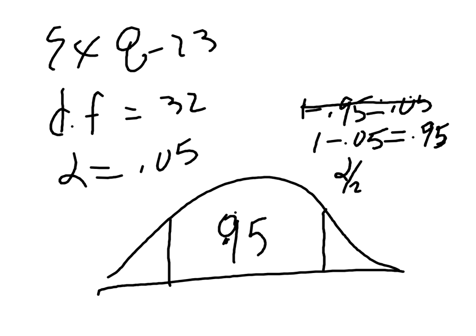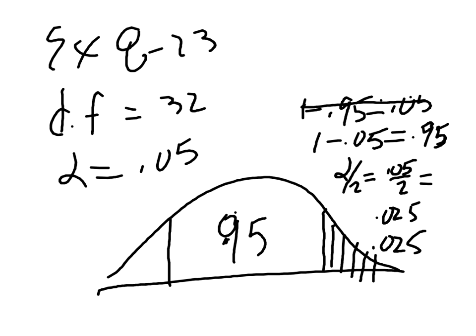So alpha over 2 would equal 0.05 divided by 2, or 0.025. So in the tails, we've got 0.025 and 0.025 in the right and left tail. And notice that the whole area now adds up to 1.